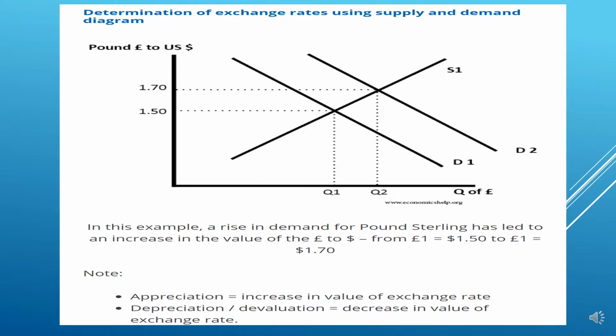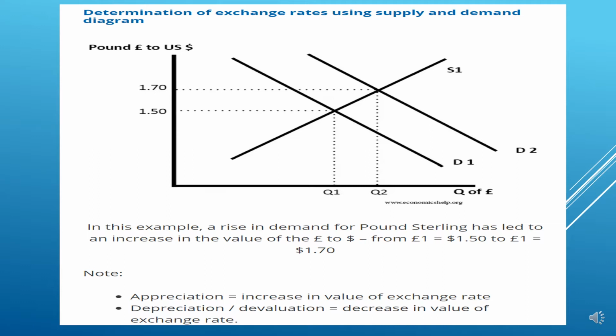Like we see here in this diagram, D1 is the demand curve 1, and then there is an increased demand represented by D2, and the supply of goods is represented by S1.